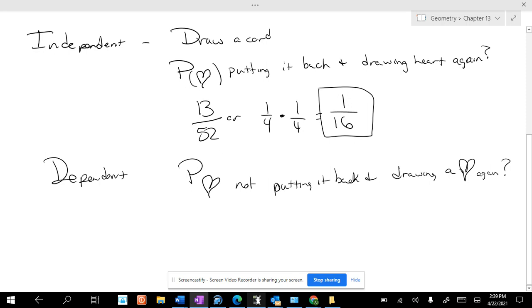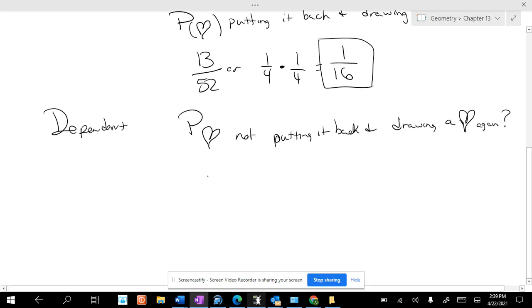Okay, so this time you're not going to put the card back in. So you got a 13 out of 52 chance or a 1 out of 4 chance of drawing a heart the first time. That doesn't change.